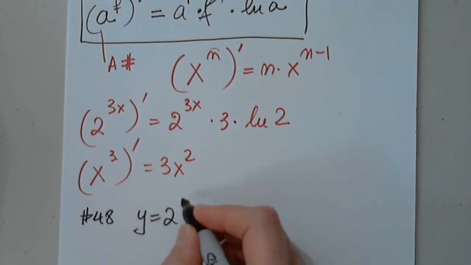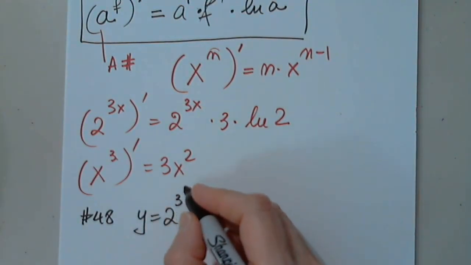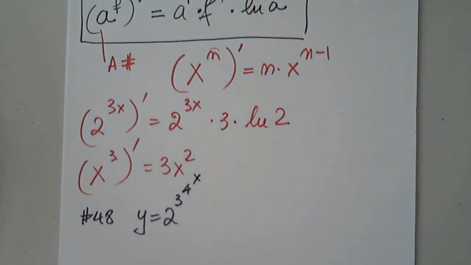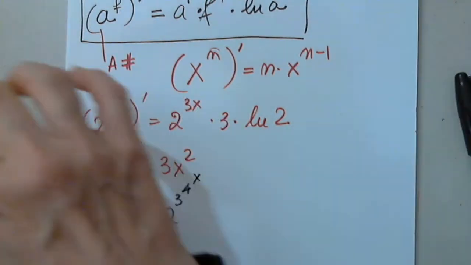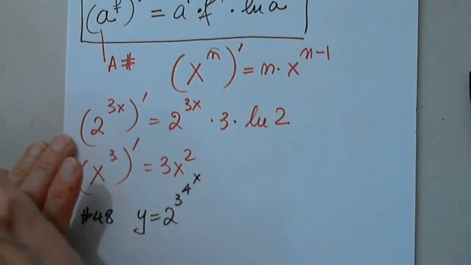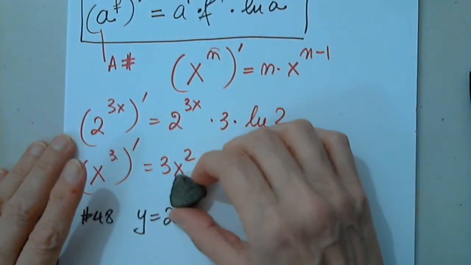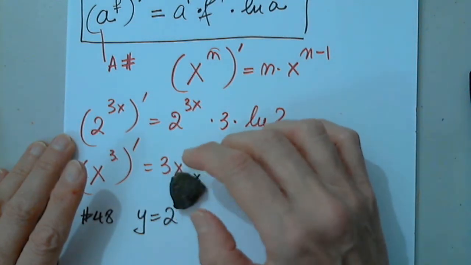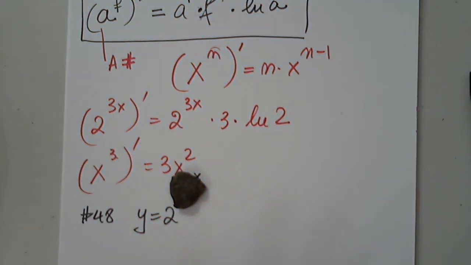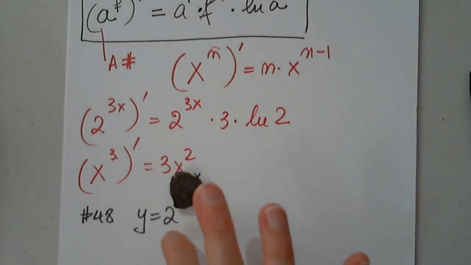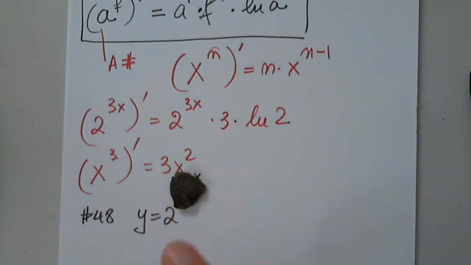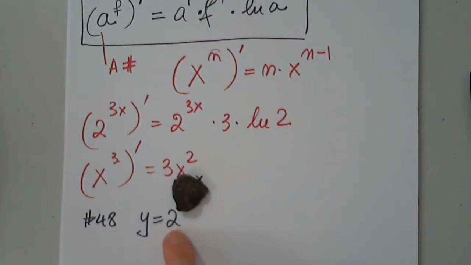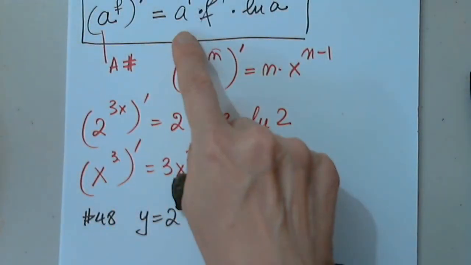y equals 2 raised to the power 3 raised to the power 4 to the x. A little bit of a test of endurance, but that's okay. So I look at this function and I see a base, which is a number, and the power, which is a function. So if the base is a number and the power is a function, I have to follow this rule.